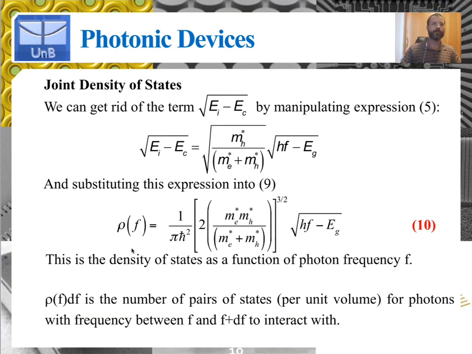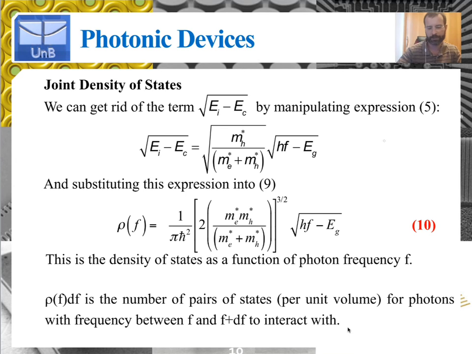So let's recall that by definition, this which we have just found is the joint density of states, which is defined in such a way that rho of f df is the number of pairs of states for photons with frequencies between f and f plus df to interact with.